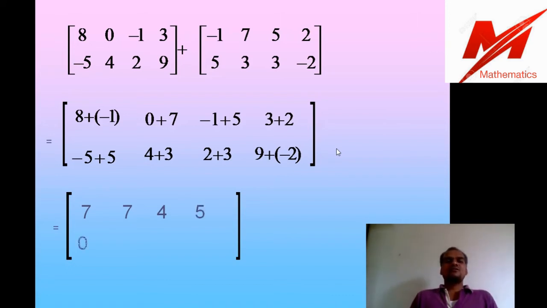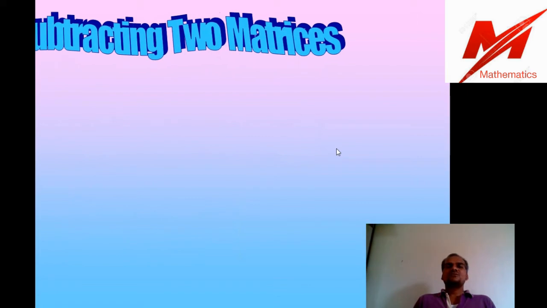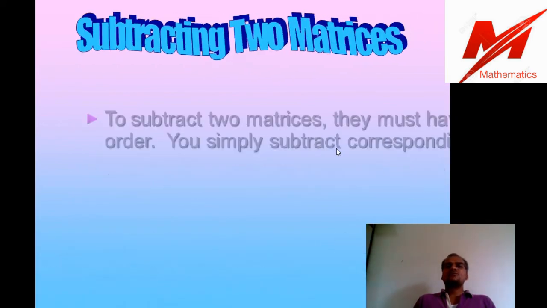Next, minus 5 plus 5 gives 0, 4 plus 3 gives 7, 2 plus 3 gives 5, 9 plus negative 2 gives 7. That is the addition of matrices. So in this case we add corresponding elements, that is the addition of two matrices. Next, similarly we are going to see subtracting two matrices.